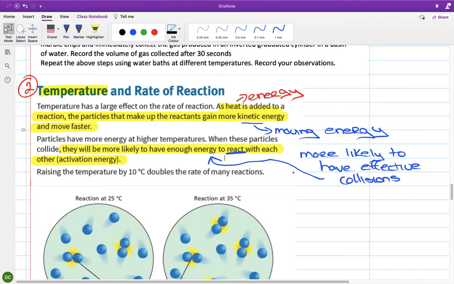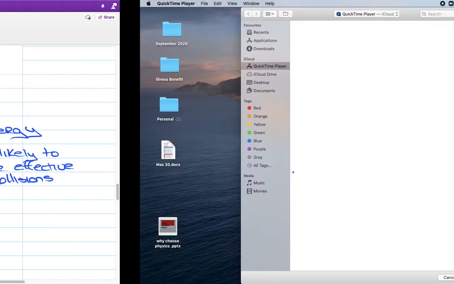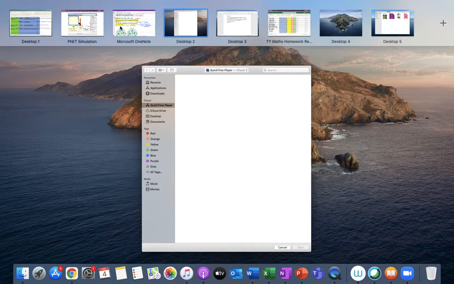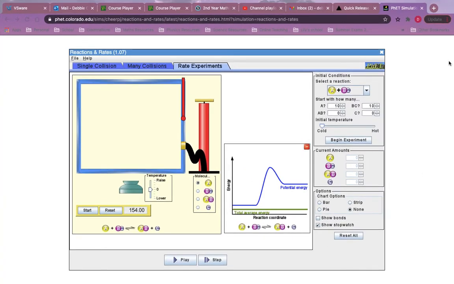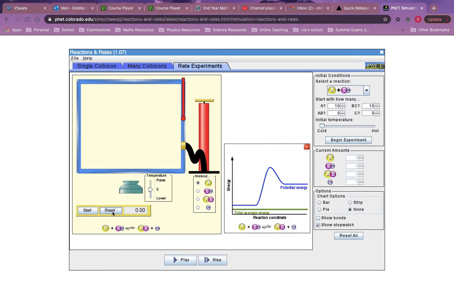Okay, so I just want to show you this. We've used this before, the PhET simulations. This is a nice one. You don't really need to understand too much of what's going on here. I'm reacting A with BC. They don't mean anything.